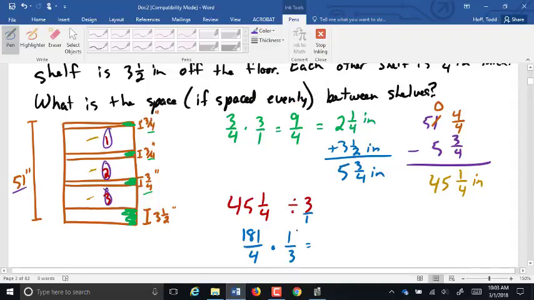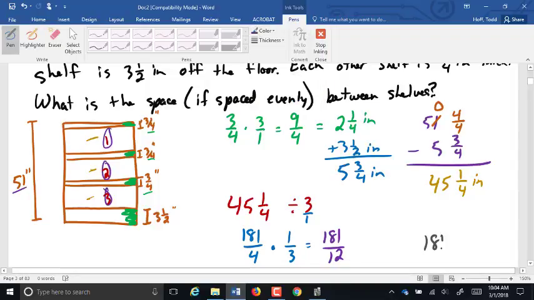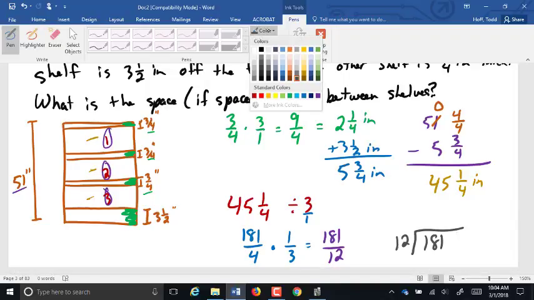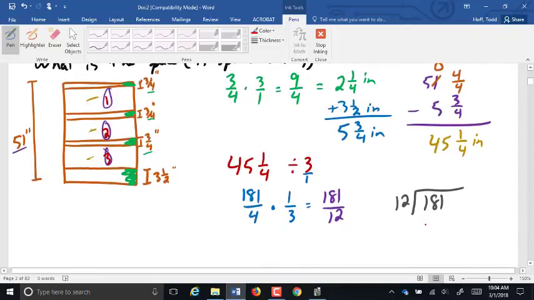So we have 181 times 1 is 181. 4 times 3 is 12. And we have to convert that from an improper fraction to a mixed number.